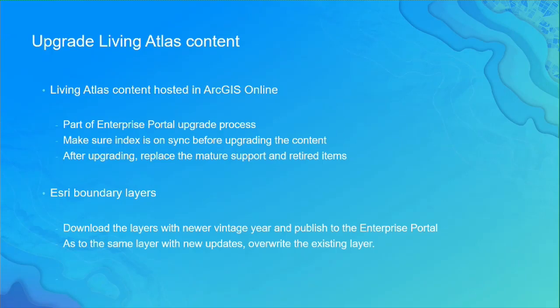So we can have an older vintage year and a newer vintage year of Esri boundary layers for your analysis needs, for example. If some layer just has updates inside, you can use Update Boundary Layers to override the existing layers.